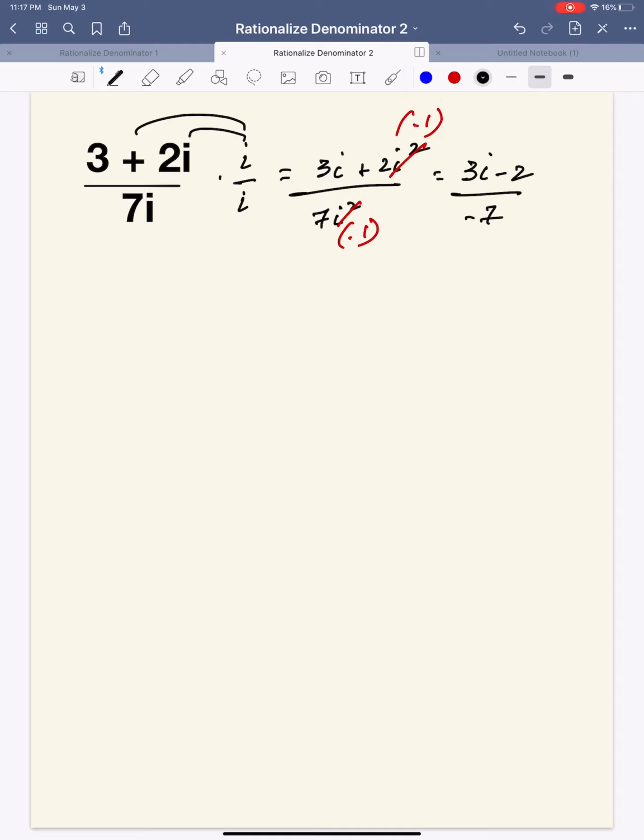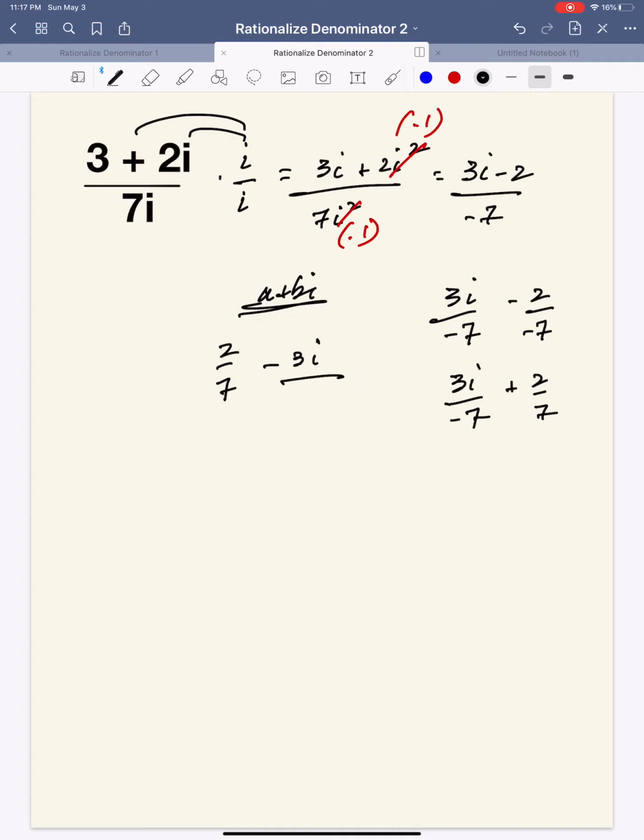You have to separate it out, right, for the a plus bi form. So you're going to get 3i over -7 minus 2 over -7. Okay? So in essence, it's really 3i over -7 plus 2 over 7. That's really what it is. Switching it around, 2 over 7, because that comes first for a plus bi form, minus 3i over 7. And that's going to be your answer.